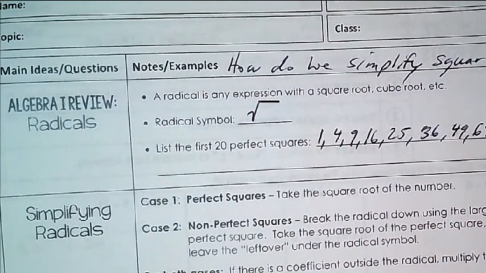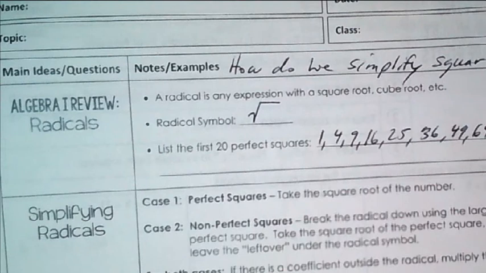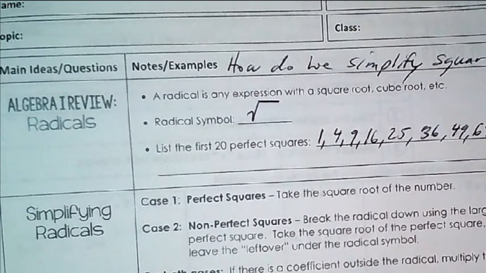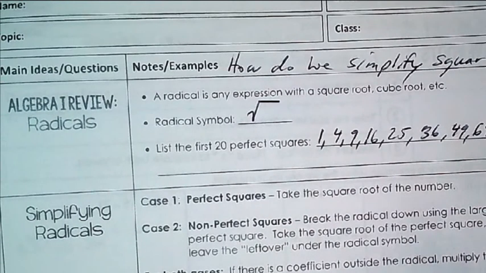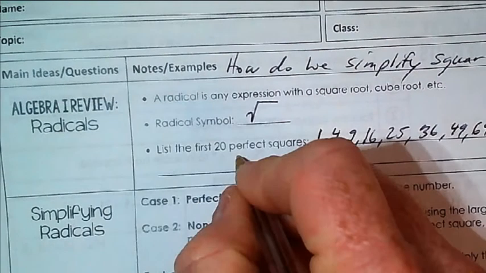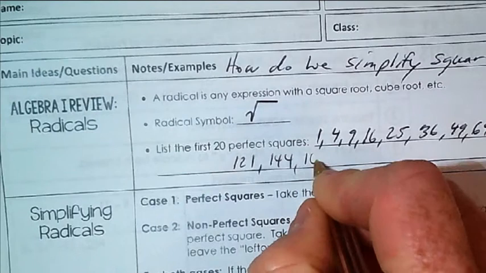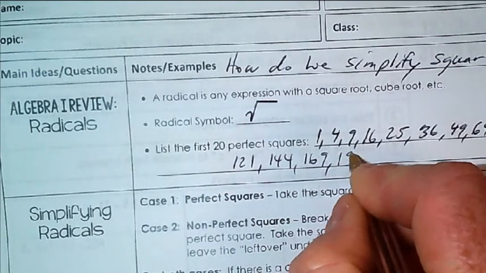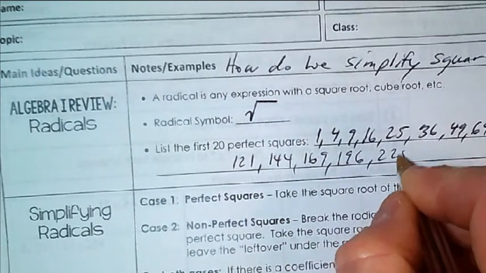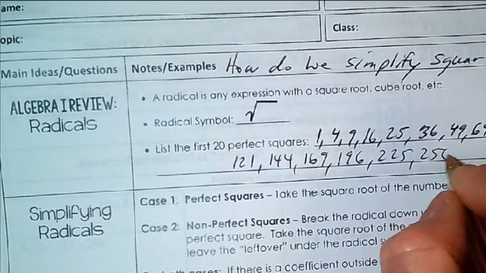Now notice, you really don't have to commit these to memory, because how do I get these numbers? 1 squared, 2 squared, 3 squared, 4 squared. You should never really have to memorize these, even though it's good to have them memorized. The next ones would start with 121, 144, 169, 196, 225, 256.